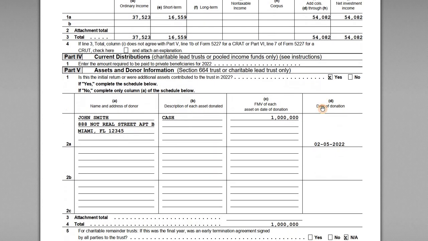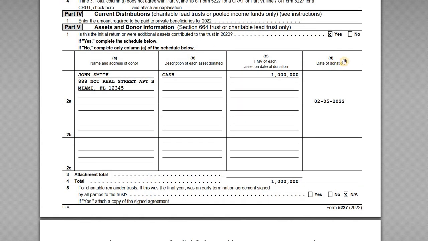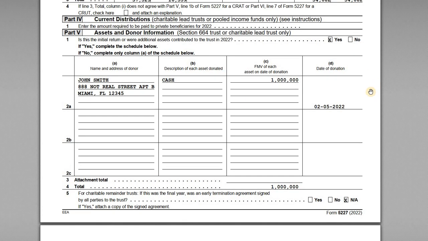Now, current distributions in Part 4, as you can see here, it's asking for lead trusts or pooled income funds only. We have a charitable remainder trust, so we complete Section 664. Part 5, Question 1 is asking if this is an initial return where any assets were contributed to the trust in 2022. Yes, this is an initial trust return.